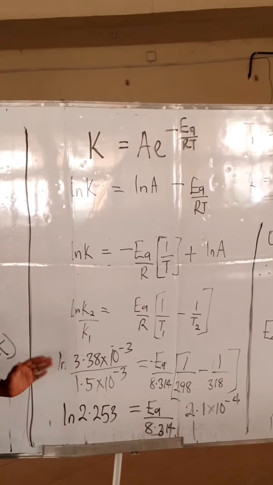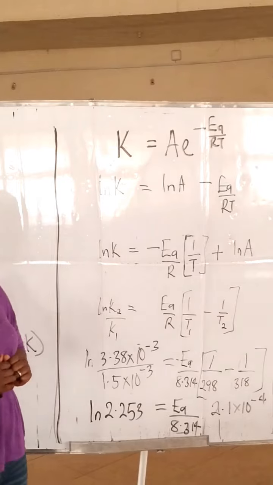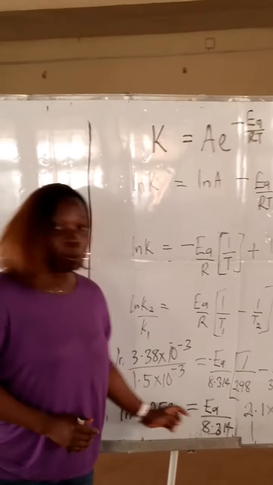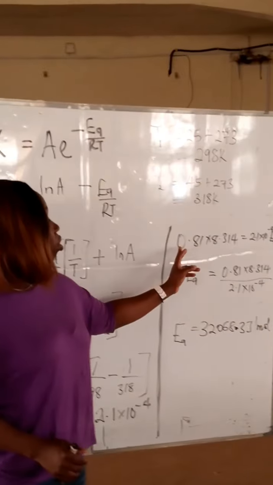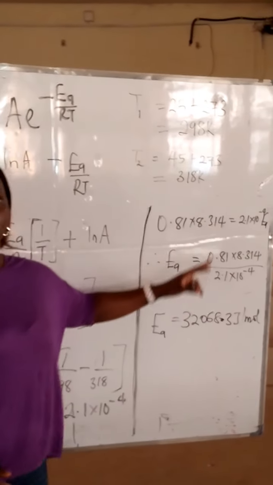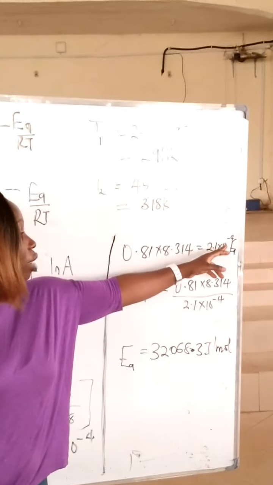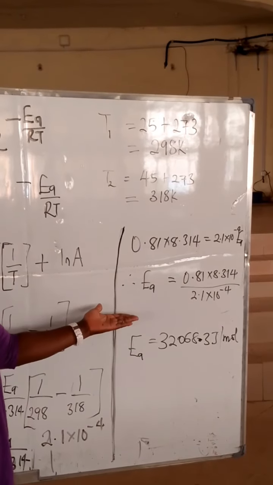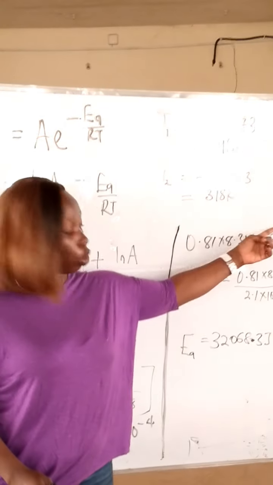Now, you will try as much as possible to make EA the subject of the formula. And how do you do that? You simply cross multiply. When you cross multiply, you will have 0.81 times 8.314, which is equal to 2.1 times 10 raised to the power minus 4 EA. Make EA the subject of the formula by dividing through with 2.1 times 10 raised to the power minus 4.